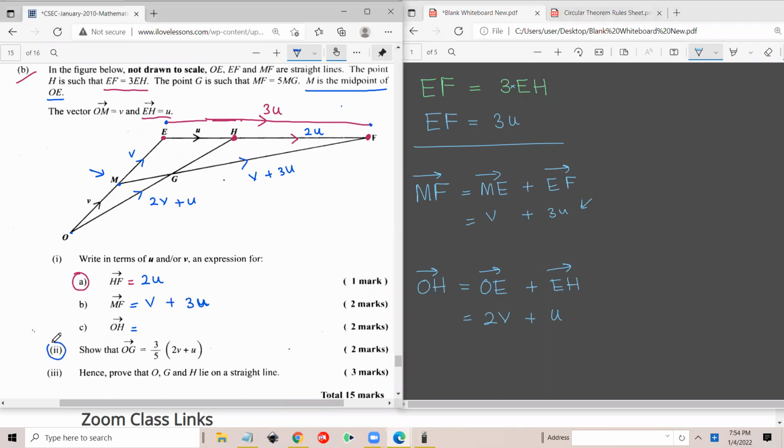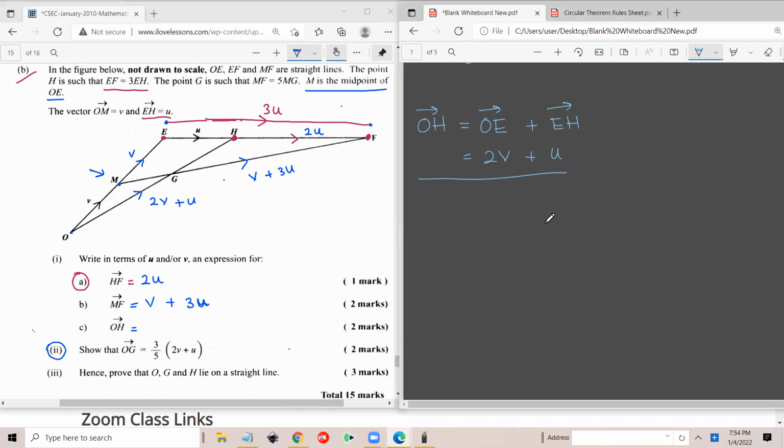Read part 2. All right, so part 2, they gave you the answer to work towards.